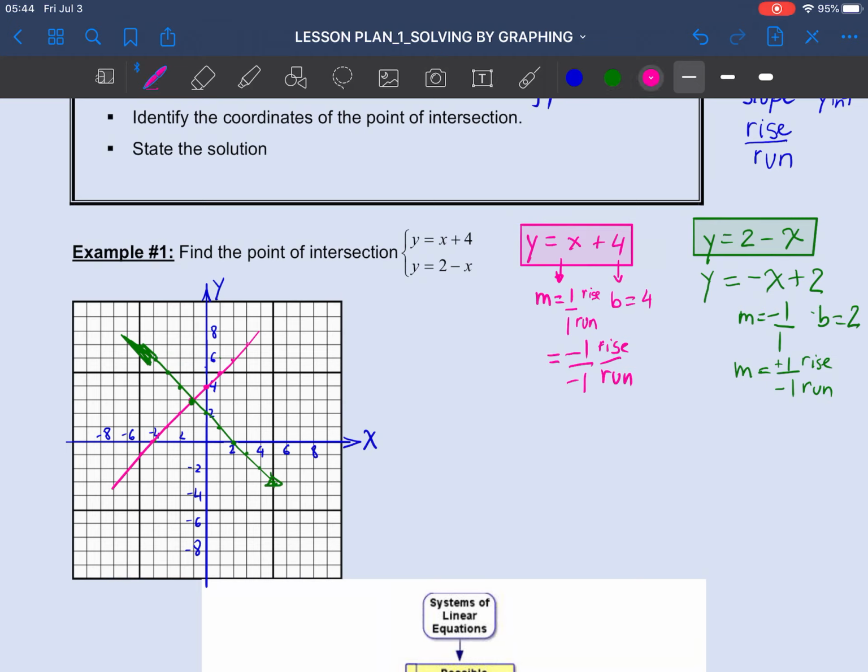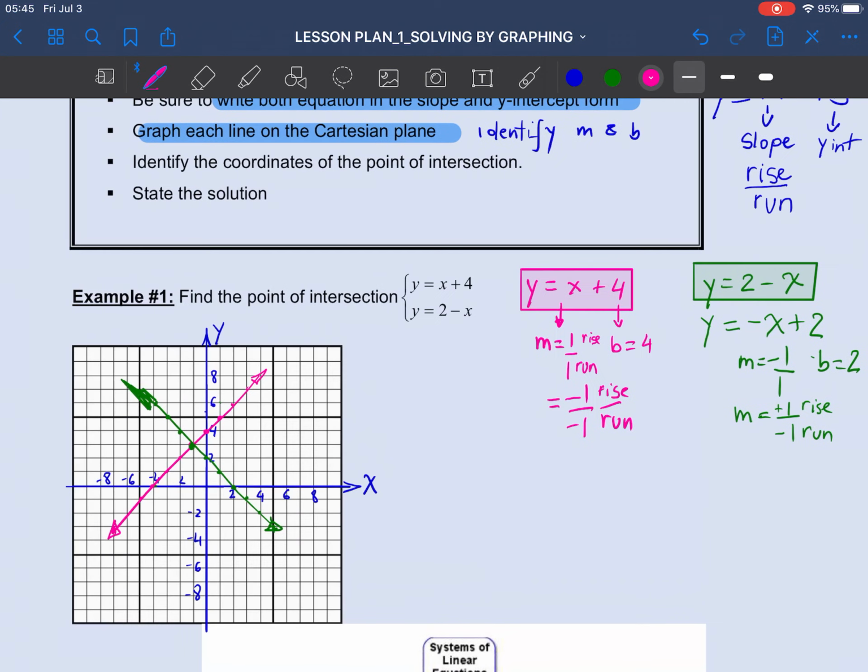Now I want to talk to you about something really important. How do we find the solution? Now, let's take a look at the pink line, y equals x plus 4.